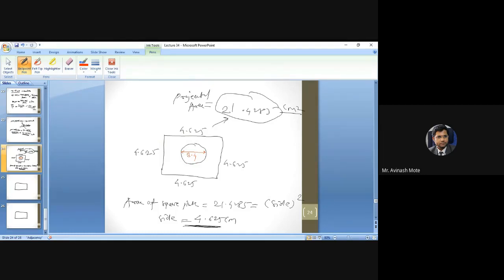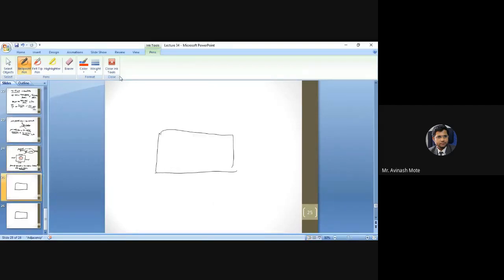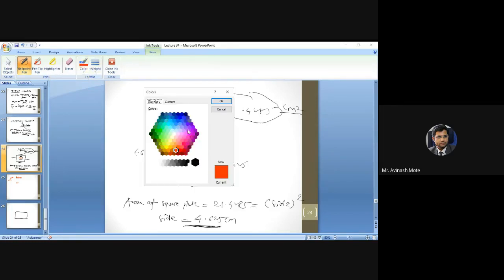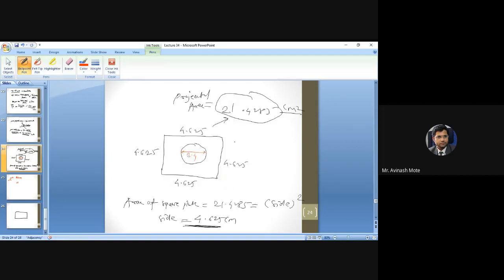Now what we have to calculate is the mold wall thickness. Wall thickness means this. Since this is a square and the cavity is located at the center, it will be equal in all directions, though in the figure it does not look equal.